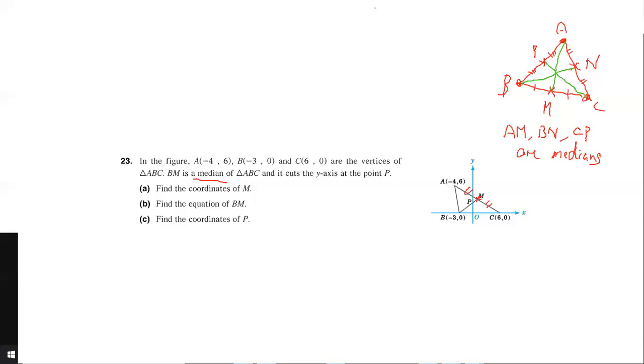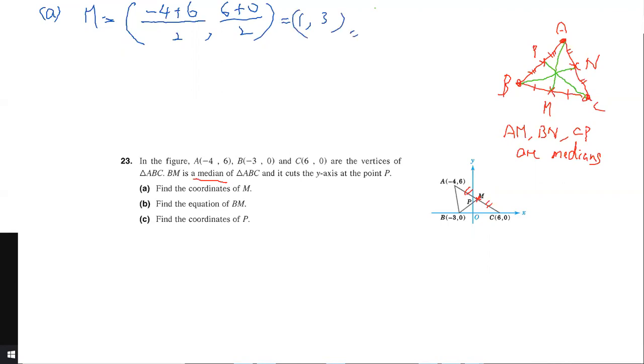And then part A, I want to find the coordinates of point M. Because we know that M is the midpoint of AC and we have the coordinates of point A and point C. So we can just use the midpoint formula to find the coordinates of M. Okay? So that is we add their x coordinates together, -4 plus 6, and then divided by 2. And we add their y coordinates together, 6 plus 0 divided by 2. Okay, so that should be equal to 1 and 3.